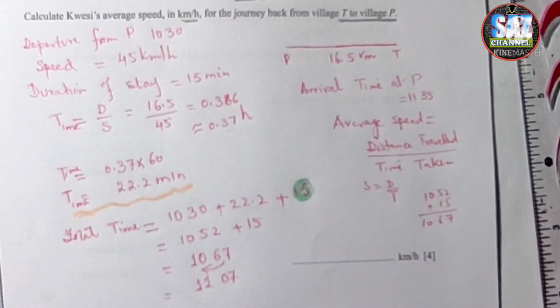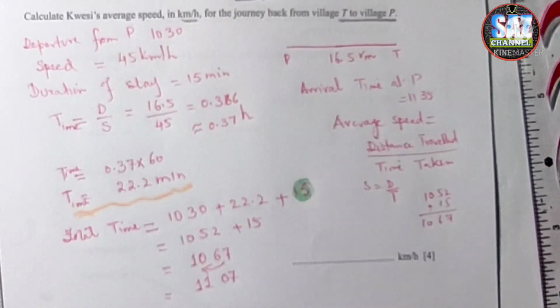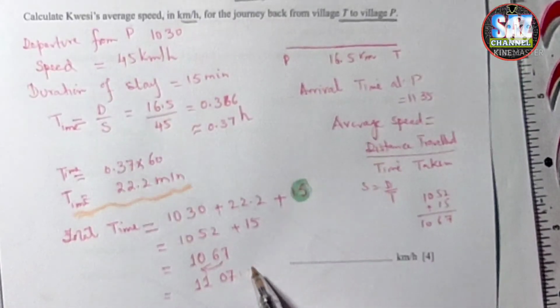Okay, so after this we have to find out the average speed for the whole journey. For that purpose, again students, we have to find the total distance upon total time. Now look, this is the time when he has started the return journey.